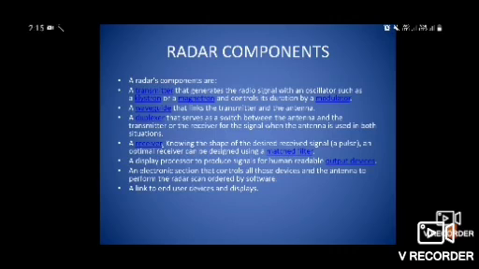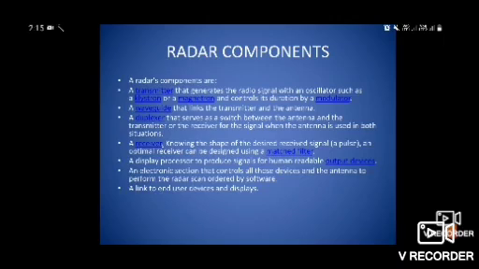A Klystron or magnetron is used as the oscillator in our transmitter to generate our radio frequencies, and a modulator also controls the duration. That is the main usage of the transmitter.